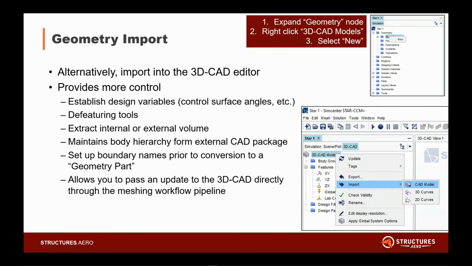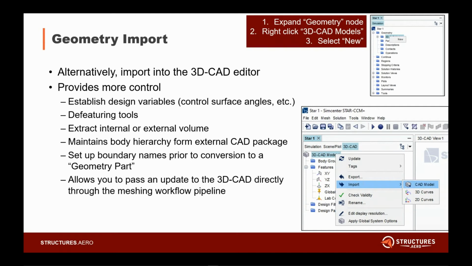You have the intake manifold modeled, but you don't have a solid body for the volume of fluid that's flowing through it. So the 3D CAD Editor has tools that will allow you to extract this volume without having to go into your CAD package and figure out what operations you need to extract that volume.